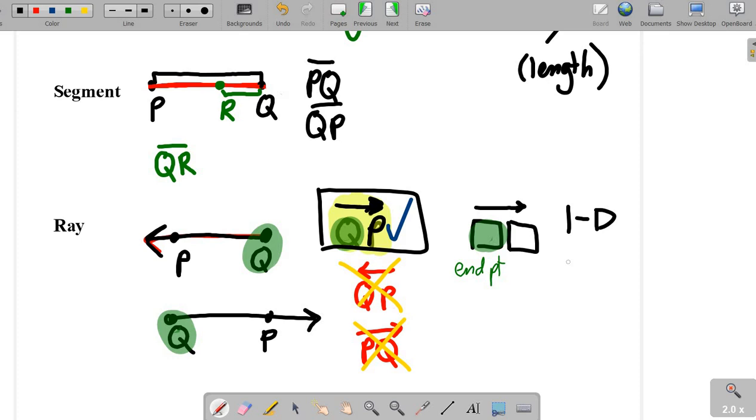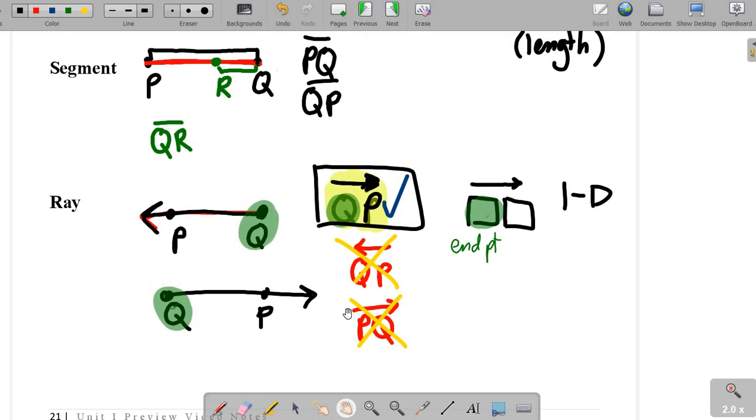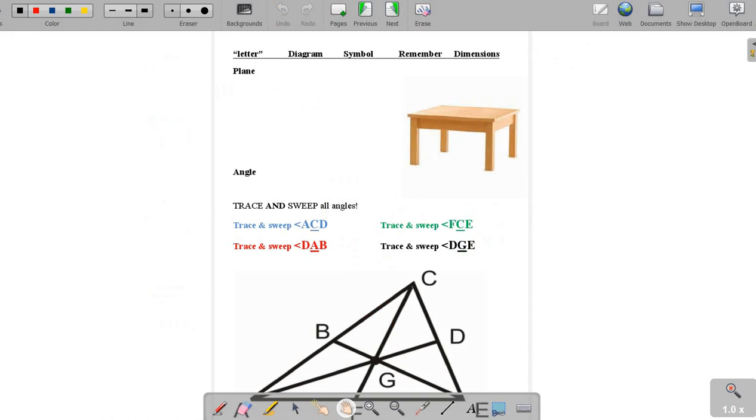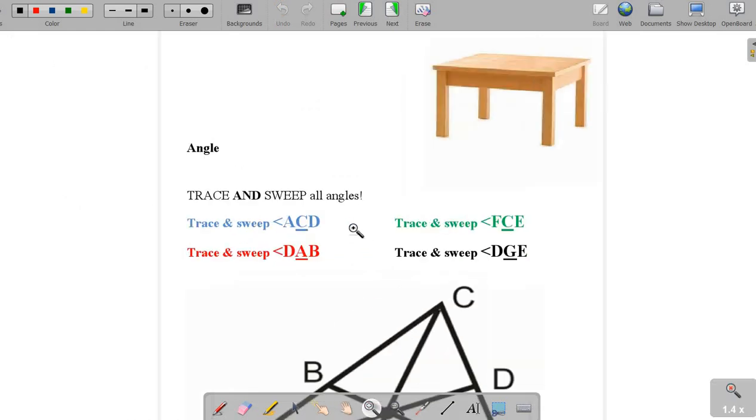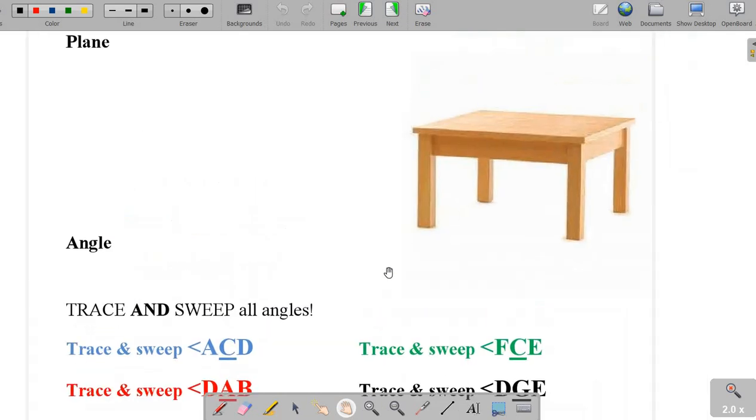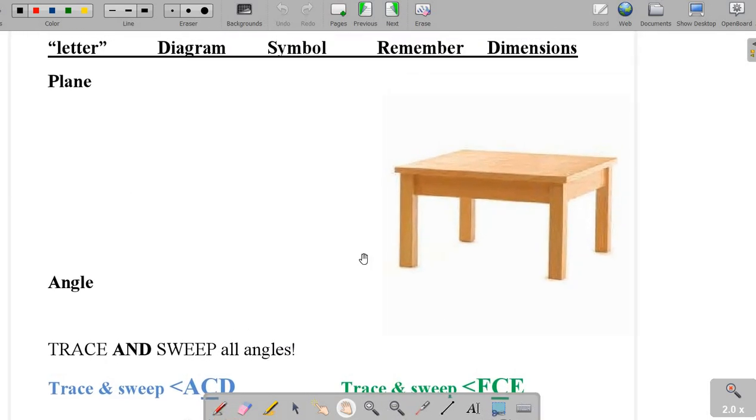So a line, a segment, and a ray all are in the first dimension. Plane and angle are in the second dimension.